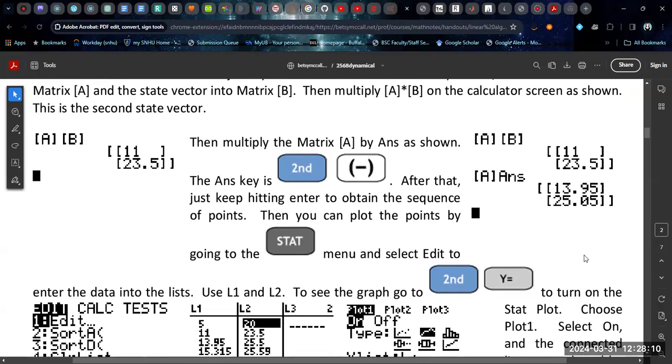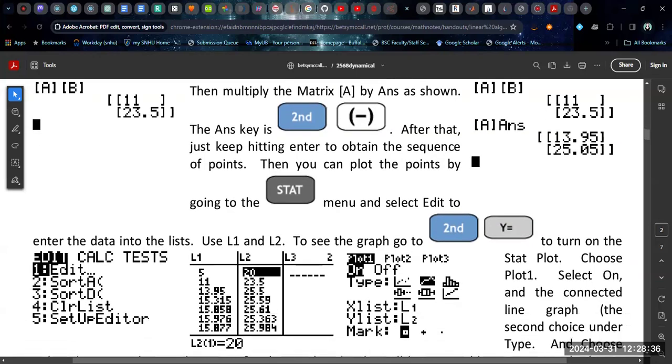From that point, you can just keep hitting enter, enter, enter, and it will produce the vectors that we listed above. The answer key is second, and then the negative key, not the subtraction key. And then again, just keep hitting enter until you obtain the sequence.